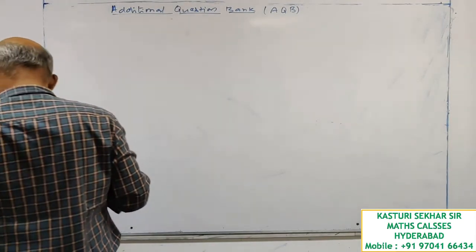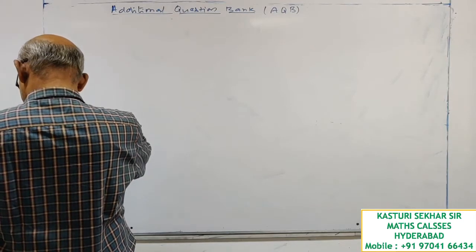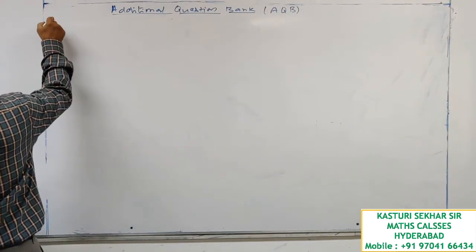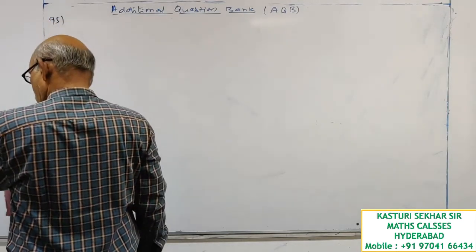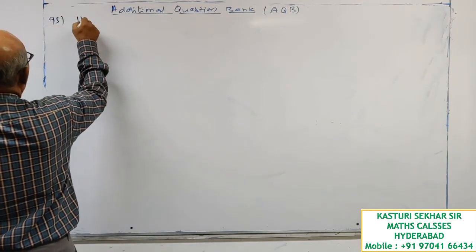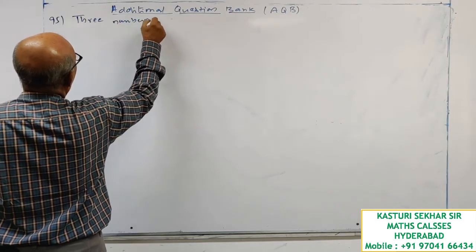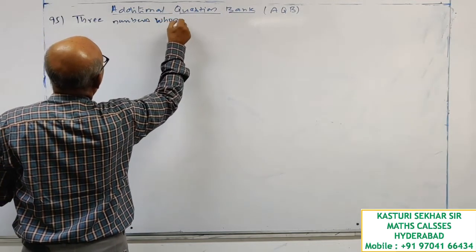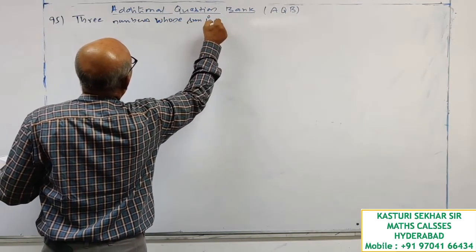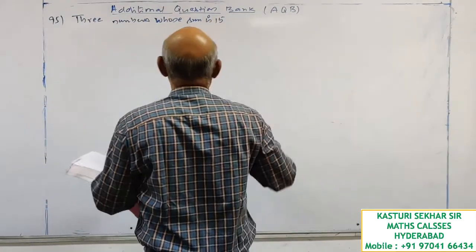Now let us see question number 95. Three numbers whose sum is 15 are in AP.